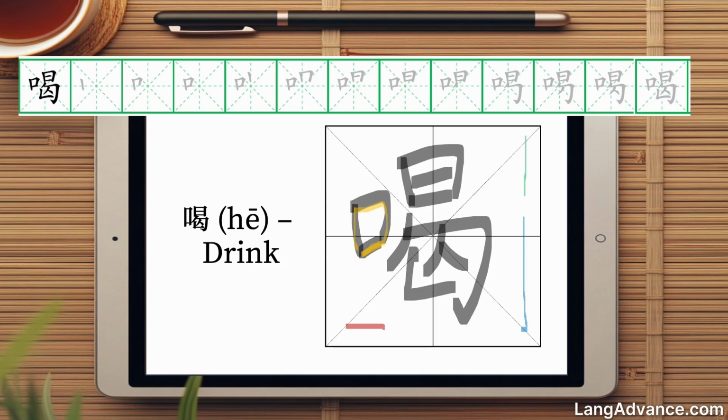Now let's start off with the top part. Basically, it is another box, but this time we add something inside and we close the door. Now the bottom part. The bottom part is just a little bit to the left.